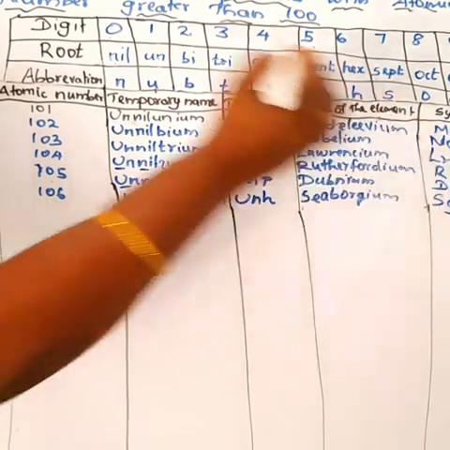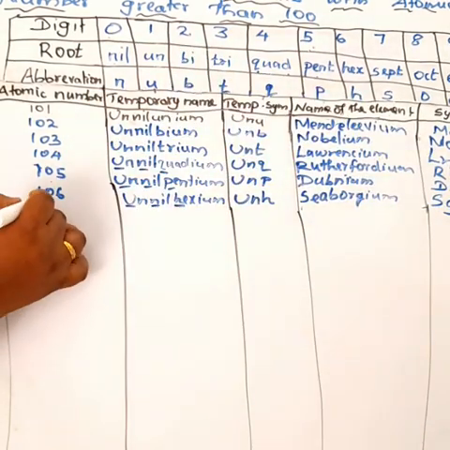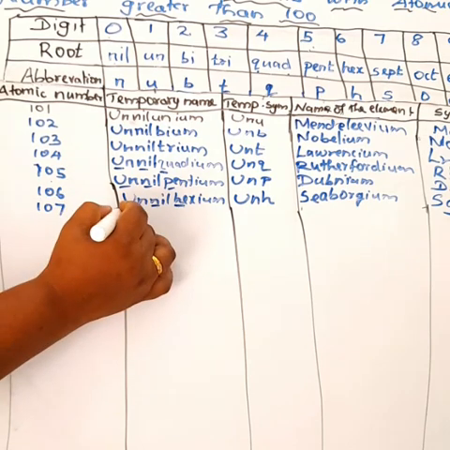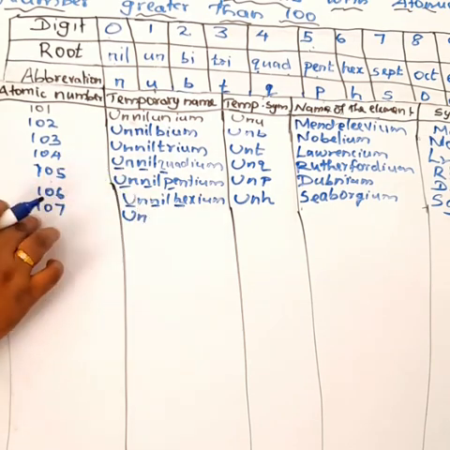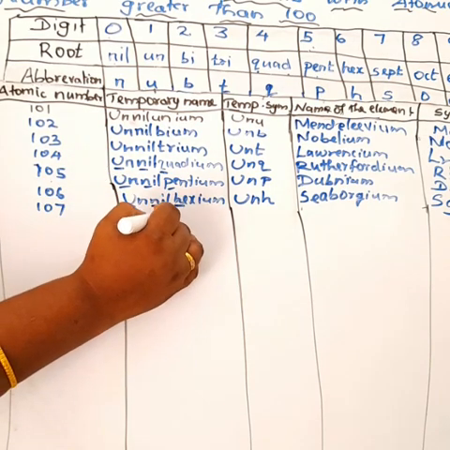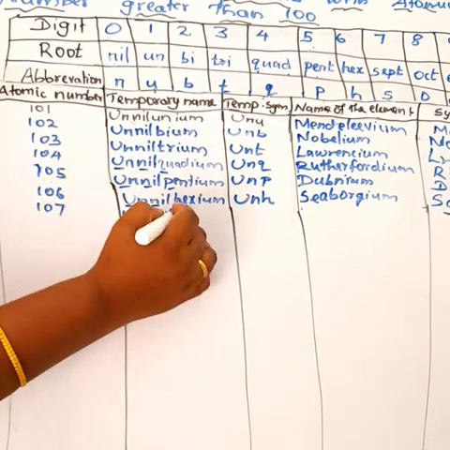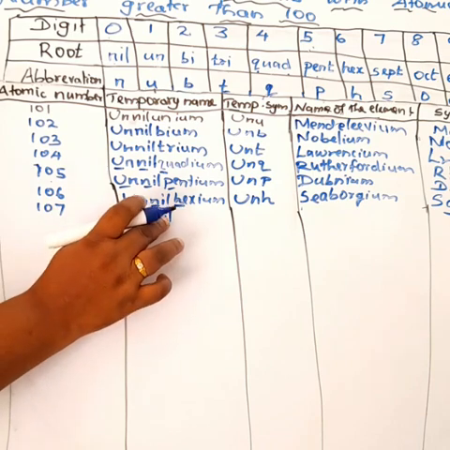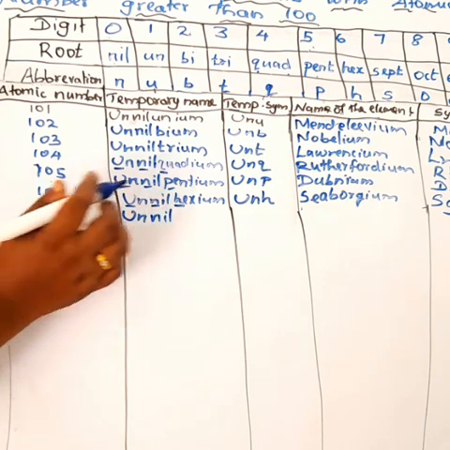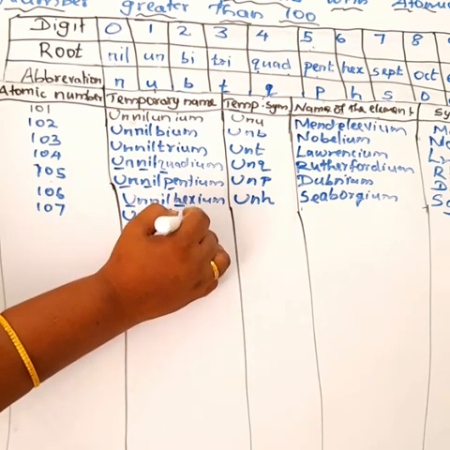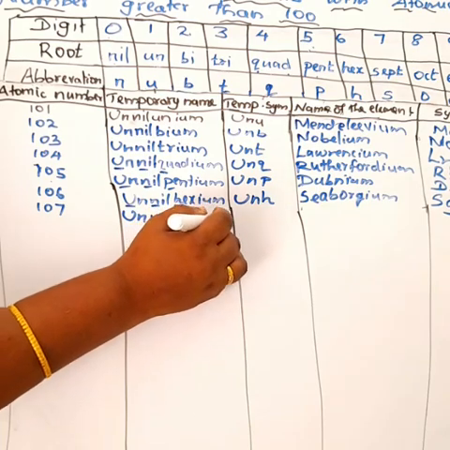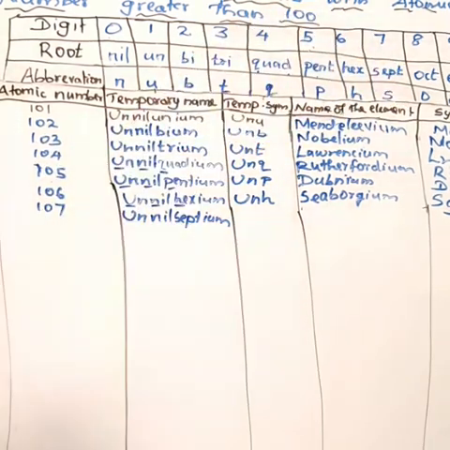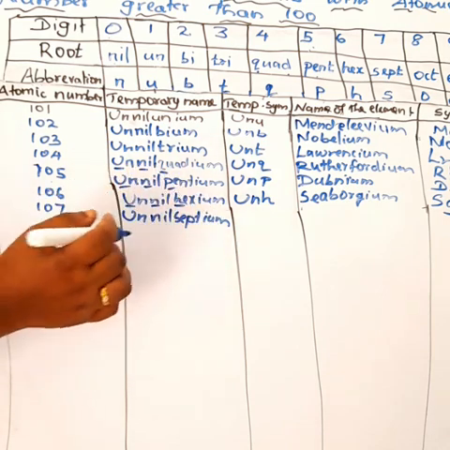Okay. And 107. What is the temporary name? Un for 1, nil for 0, and hept for 7. Okay. For 7 we write the numerical root hept, and ium as the suffix.